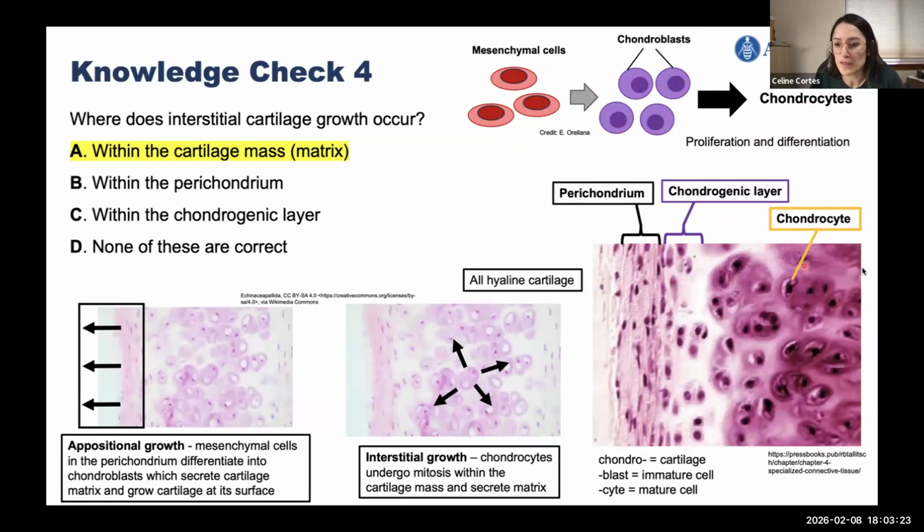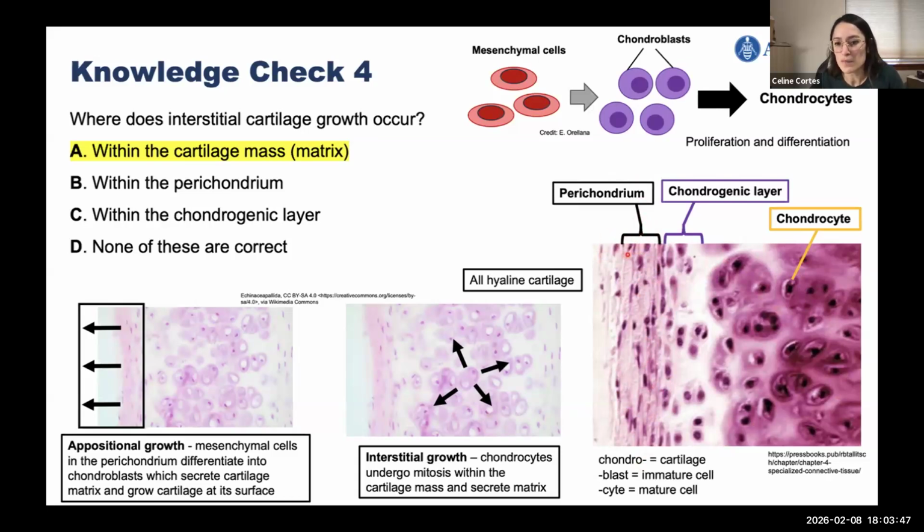Some important things to note when we're thinking about cartilage are the different areas and sections of cartilage itself. In a histological image of cartilage, we've got the perichondrium, which is more external.